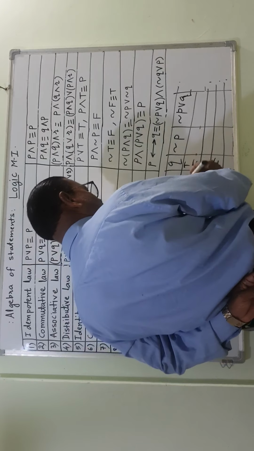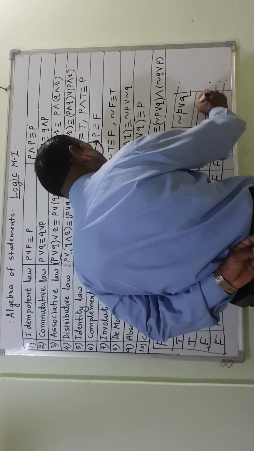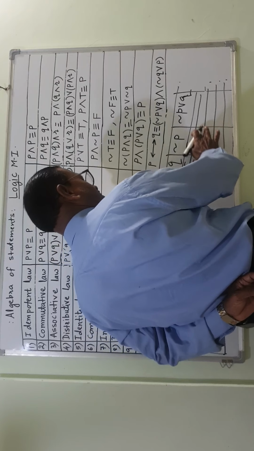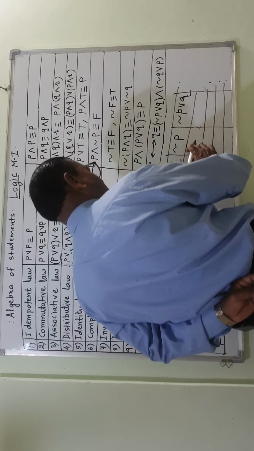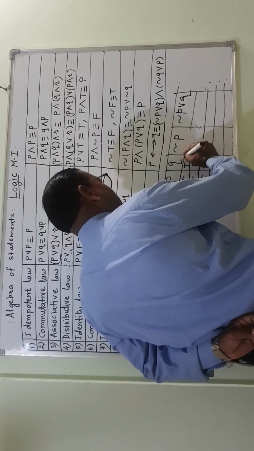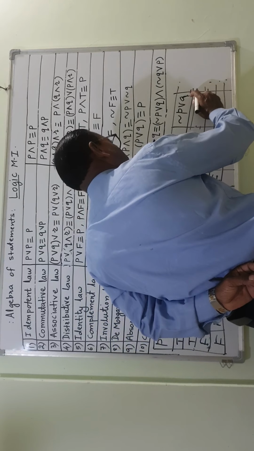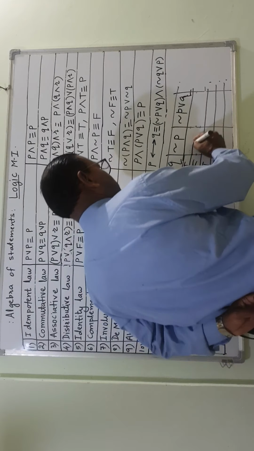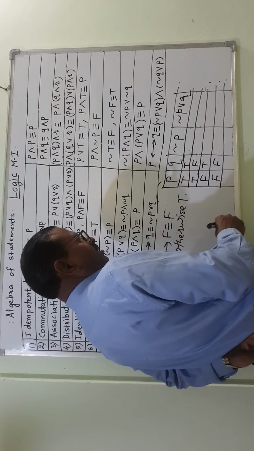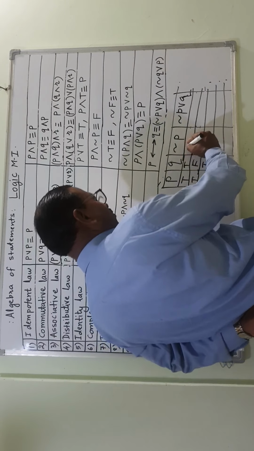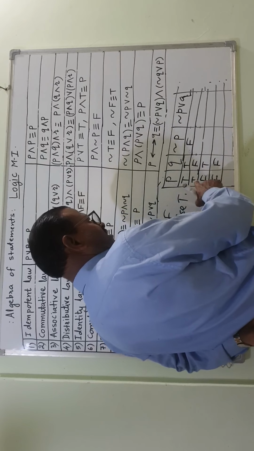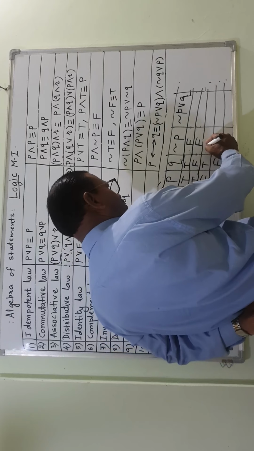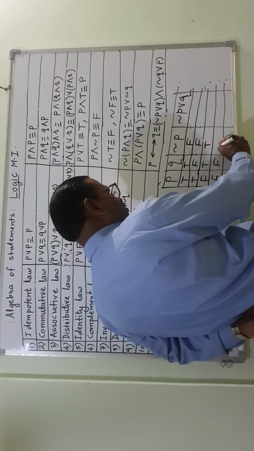Means opposite of this will be F. I think it will be difficult to see in the videos. I will just change the size. Okay. Negation of this true is false. Negation of false is true.